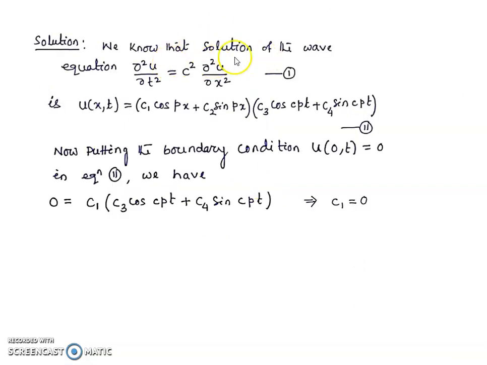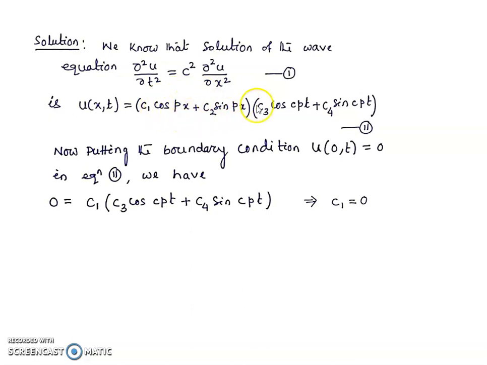We know that the solution of the wave equation is u(x,t) is equal to (c1 cos px plus c2 sin px) into (c3 cos cpt plus c4 sin cpt). Now putting the values, the boundary condition u(0,t) is equal to 0, in equation 2, we have, because x is equal to 0, if we put x is equal to 0 in 2, we have on the left hand side u(x,t) as 0 and on the right hand side cos px, because x is equal to 0, cos px becomes 1 and sin px becomes 0.